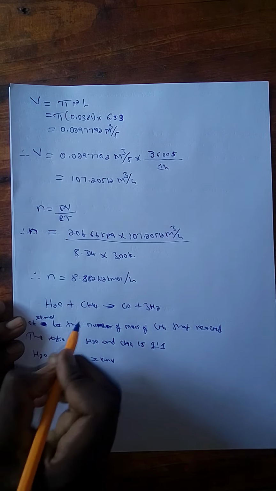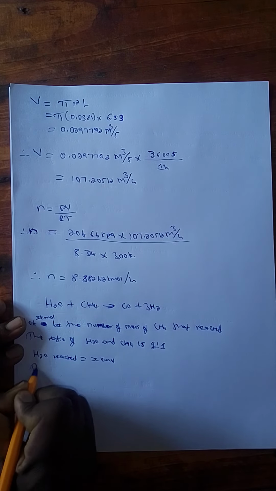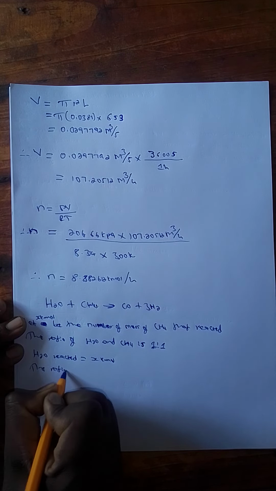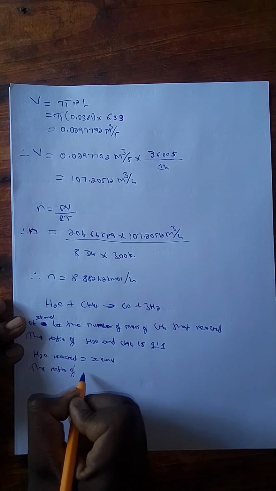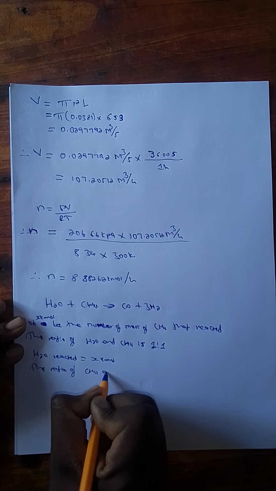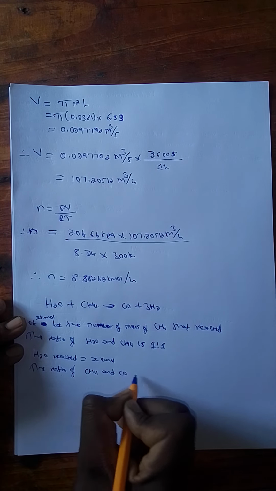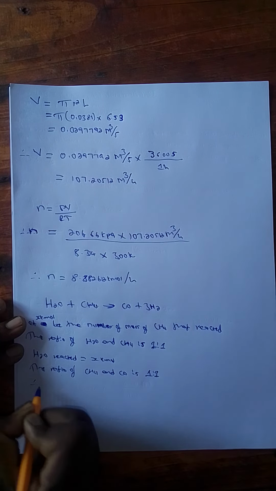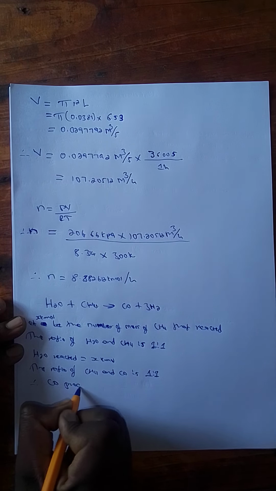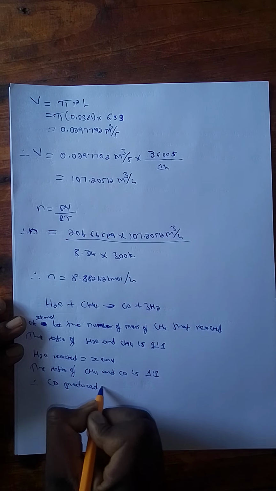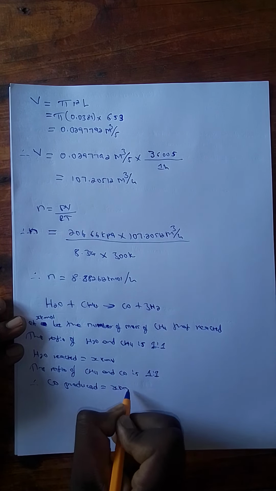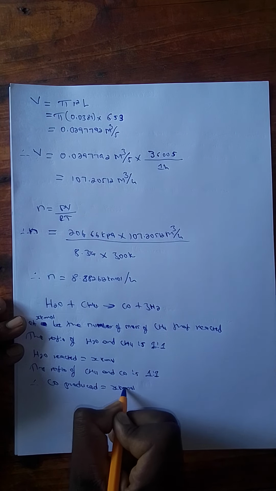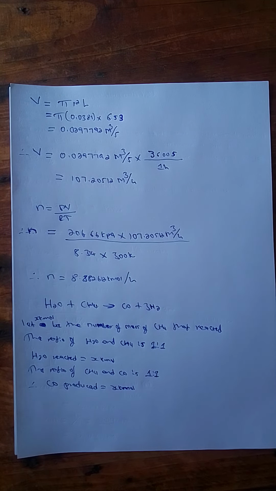And in that same light, let's go to the CO. The ratio of CH4 and CO is 1:1. Therefore, CO produced is equal to X kilomole, right?